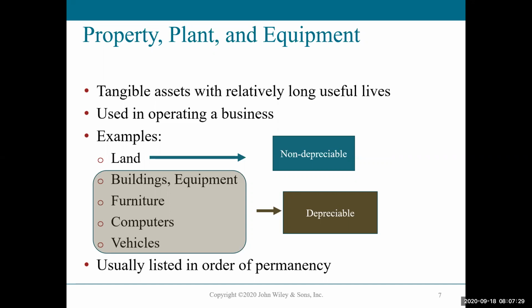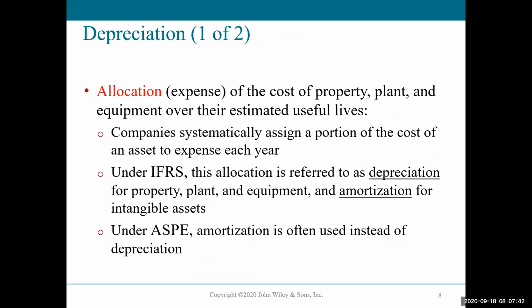Okay, land is the only item that is not depreciated. Any other long-term asset in this section has to be depreciated over its useful life. So the process of depreciation is the allocation of that cost over its useful life.